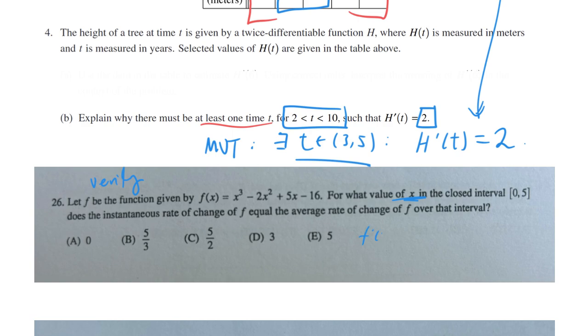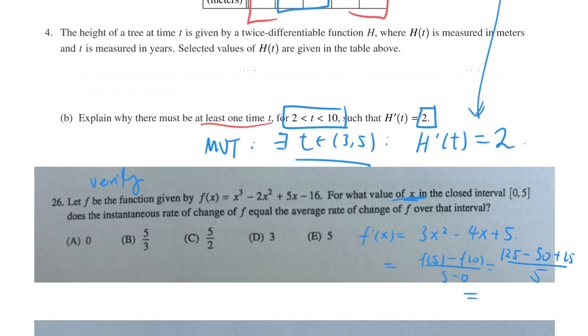So we can simply just take the derivative here and solve a quadratic. So this should be equal to the average rate of change over the interval, which is f of 5 minus f of 0 over 5 minus 0. And that is equal to 125 minus 50 plus 25 over 5.